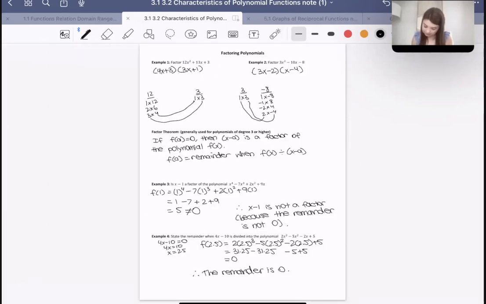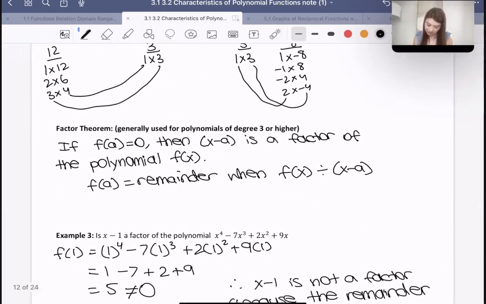It states that if f of a is equal to 0, then that means x minus a is a factor in the polynomial, right? Because f of a is the remainder when f of x is divided by x minus a. And so if that remainder is 0, that means we found ourselves a factor.